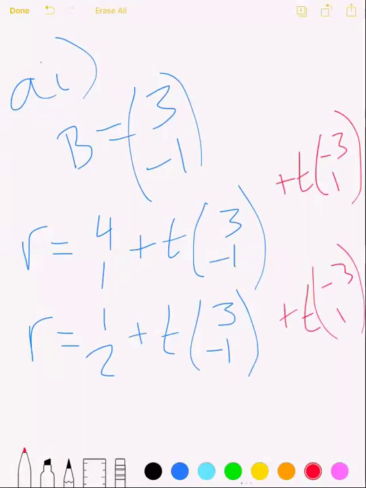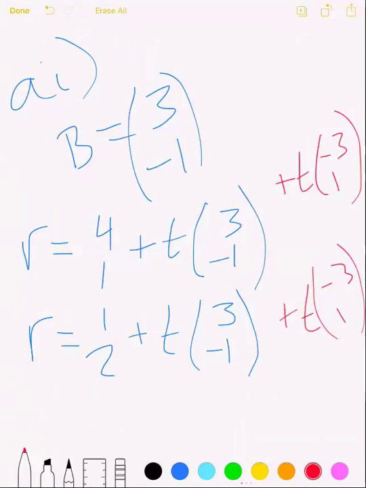Would they ever ask us to find t, or is that just? Yes. When you're finding the equation, no. There are questions where they will ask you to find the value of k, or rather, more often they will ask you where they intersect.